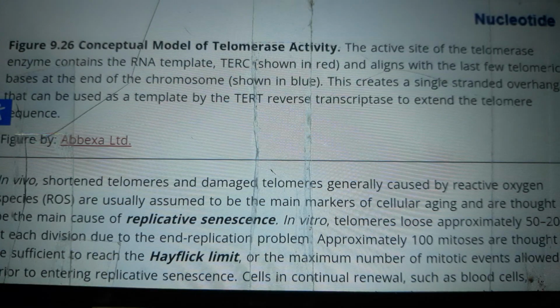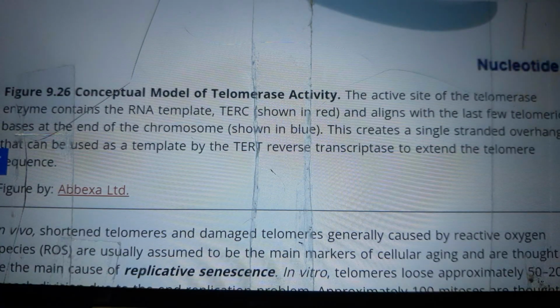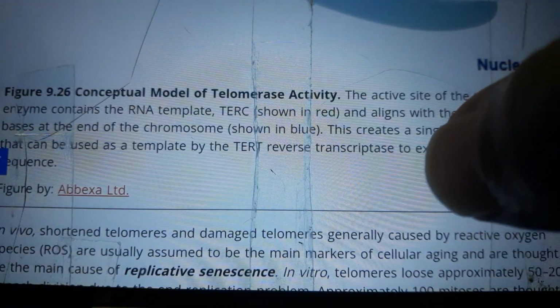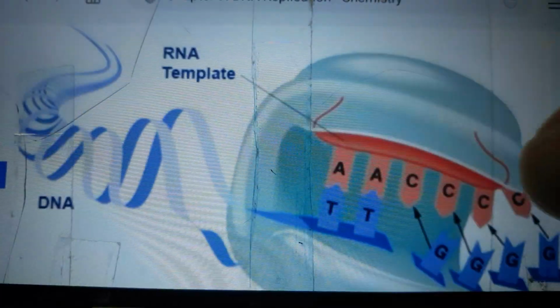Conceptual model of telomerase activity. The active site of the telomerase enzyme contains the RNA template, TERC, shown in red, and aligns with the last few telomeric bases at the end of the chromosome, shown in blue. This creates a single-stranded overhang that can be used as a template by the TERT reverse transcriptase to extend the telomere sequence. Check out the TERC shown in red, and TERT in blue. See this, right?